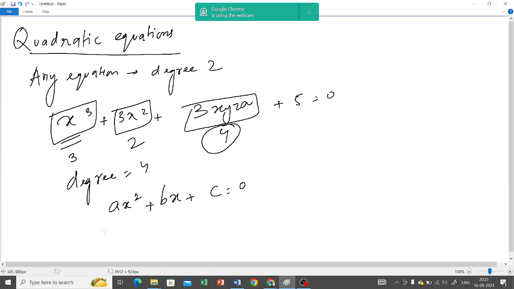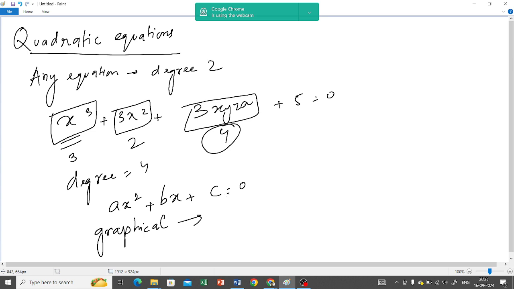Now remember that every equation has a graphical representation. What is that graphical representation of this? For example, linear equations. You must have heard about linear equations. y equals mx plus c, right? Why is it called a linear equation?